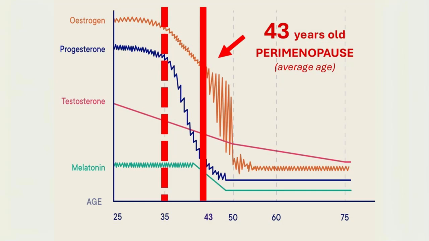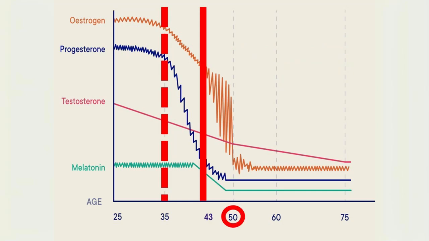Let's take a look at the next significant milestone on the chart, and boom, look at what happens around the age of 50. All the hormones drop. This is menopause. This is when a woman stops bleeding, menstruating, ovulating.